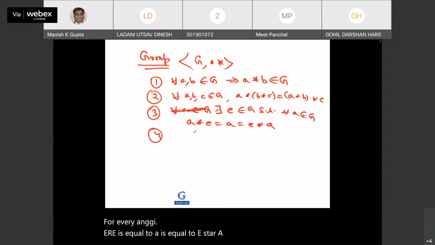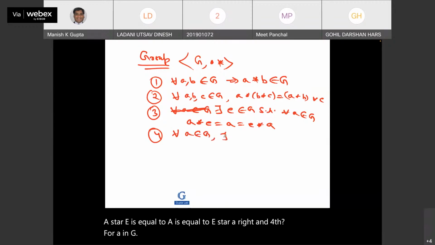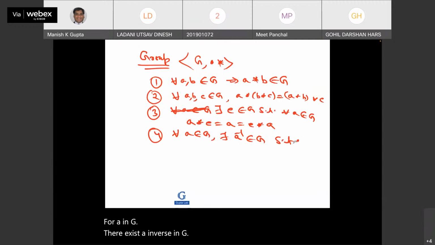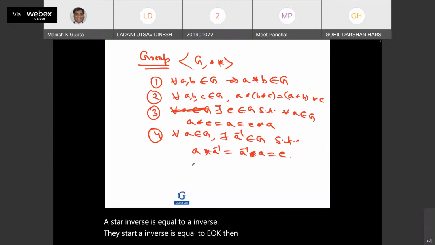And fourth, for every a in G, there exists an inverse a inverse in G such that a star a inverse is equal to a inverse star a is equal to E. Then such a structure is known as a group.